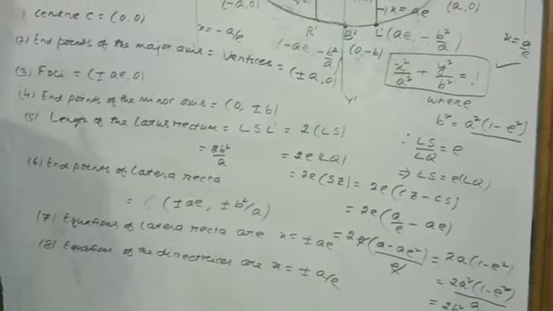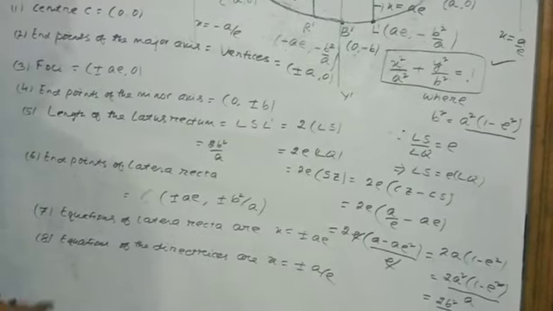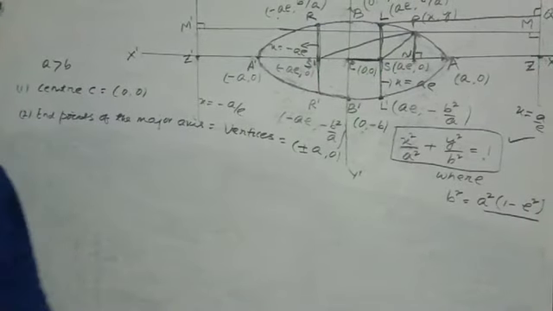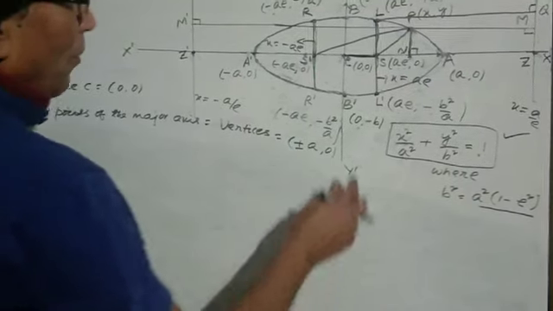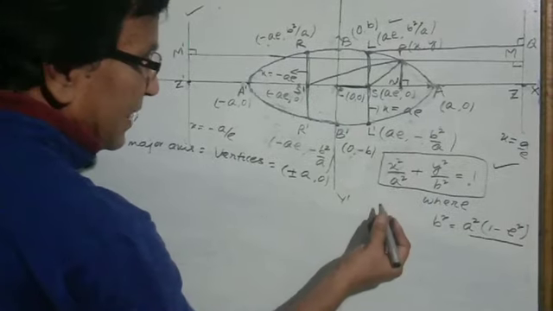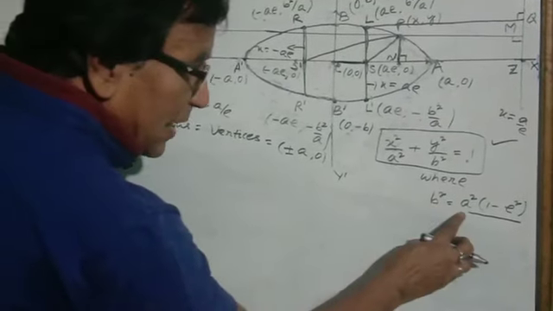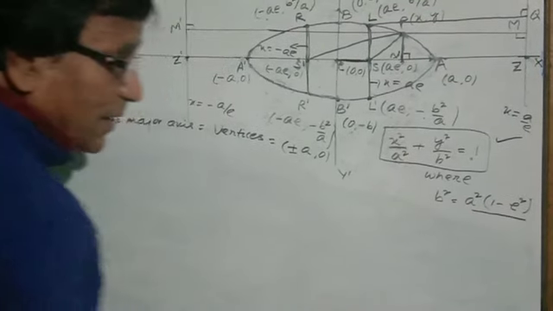The last point is that you always remember the eccentricity. Number 9: we will find out from which equation eccentricity E can be derived. We know that B square is equal to A square into 1 minus E square.